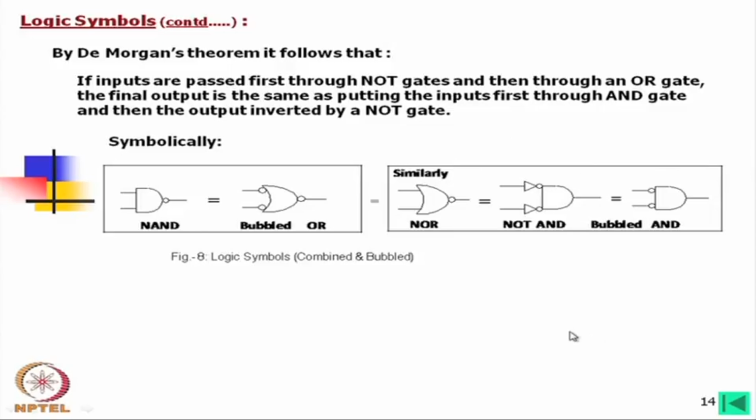Just remember this, if you put OR and NOT, you will get NOR, NOT for both inputs and OR you will get NAND, and vice versa.